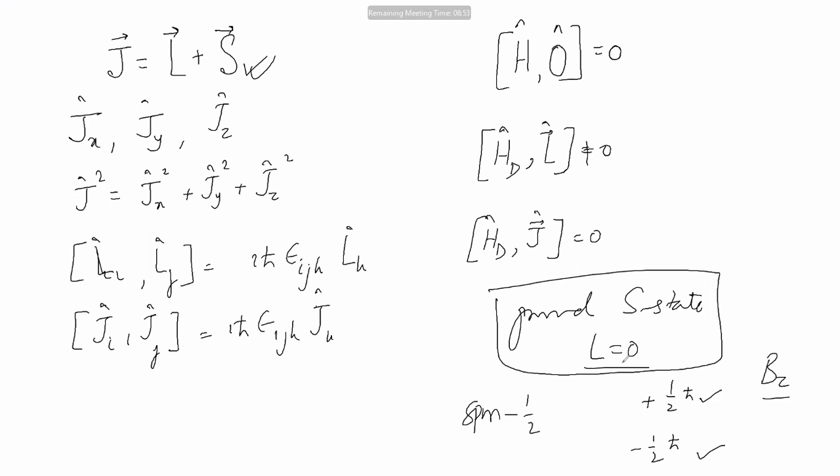Or we have [L, L square] equal to 0; here it will be [J, J square] equal to 0.